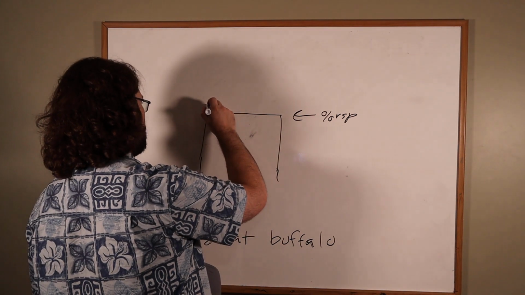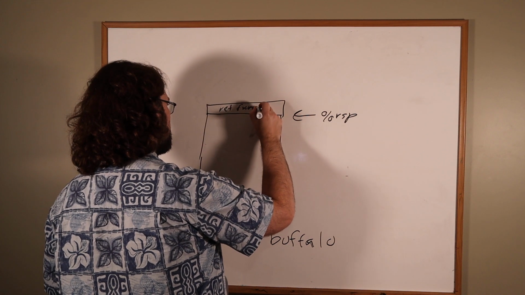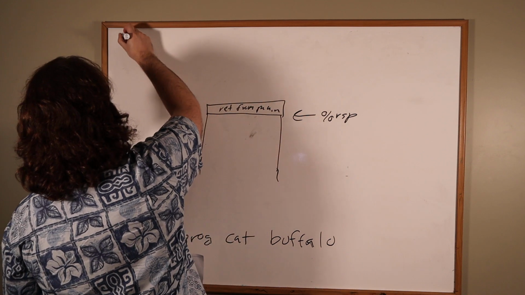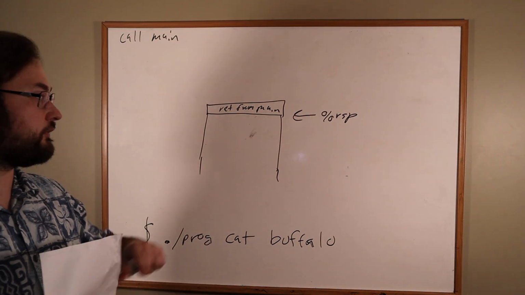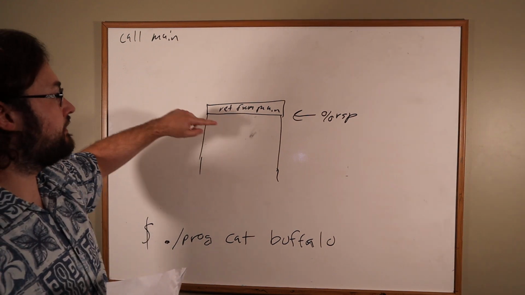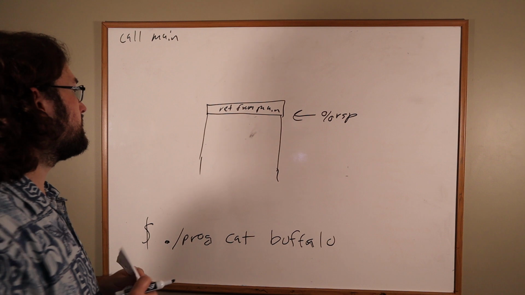So before that, we have our return address, because someone just did call main. That's what just happened before this diagram, is someone said call main. So call main pushed the return address, and that moved the stack pointer down to here.